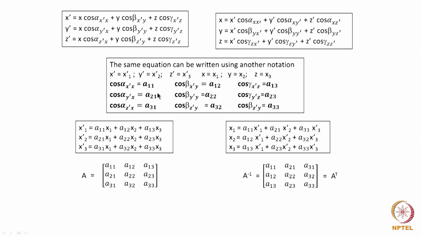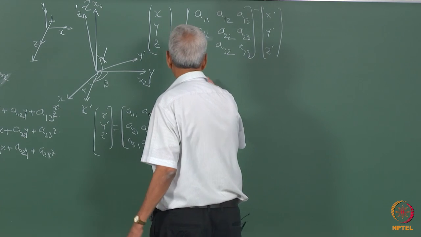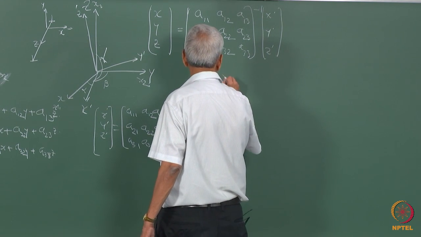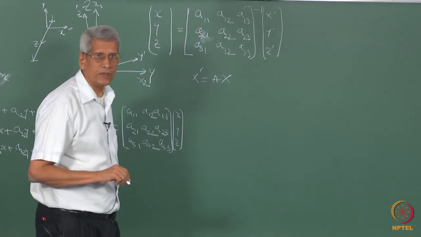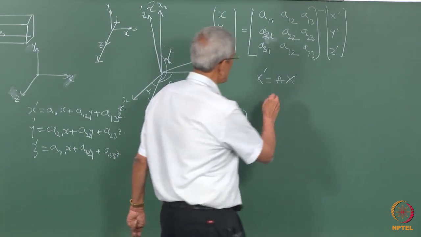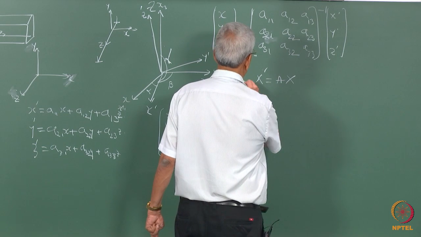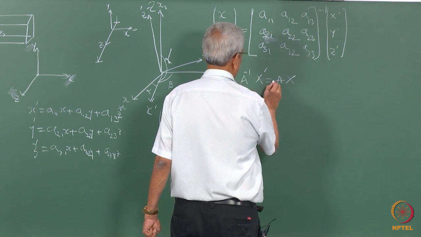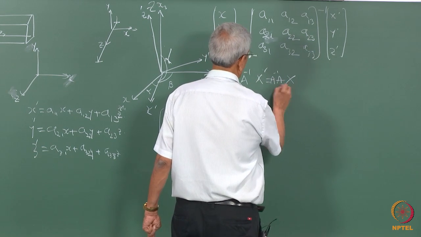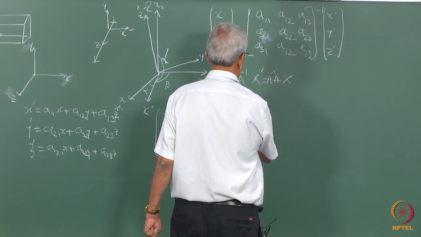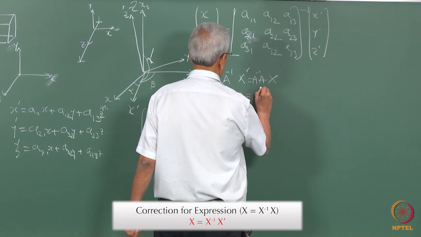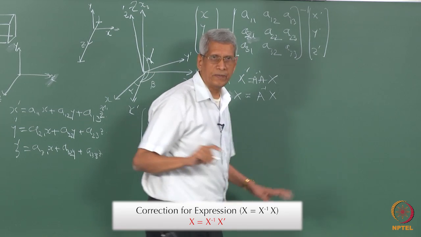Is this clear? Here we can write x dash equals A into x, correct? If we multiply by A inverse on either side, then x turns out to be A inverse into x dash, correct?